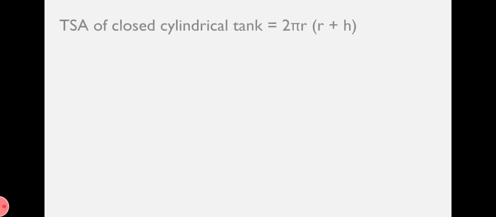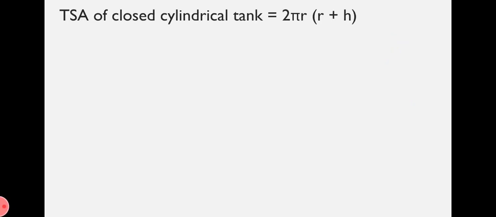Now first we find the total surface area, as we have to find how much sheet will be used to make this cylindrical tank. So we have to find the total surface area, because we have to make the curved part along with the top and bottom. So TSA of the closed cylindrical tank is equal to 2πr(r + h). Inserting the values, equal to 2 into 22 upon 7 into 0.7 into (0.7 + 1).